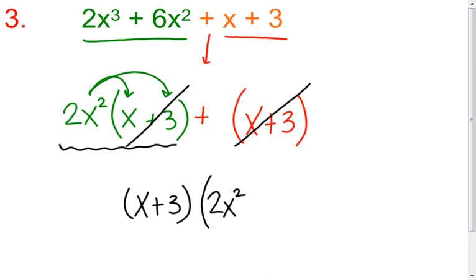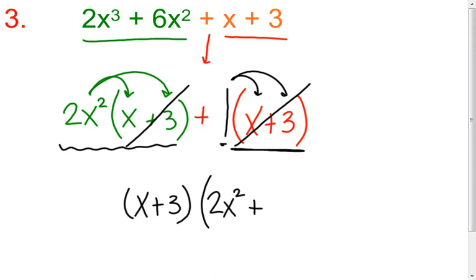But when I pull this away, people don't think they have anything left and they want to close the parentheses. However, here's the deal. It's not written, but there is a 1 assumed to be here. 1 times x gives me x. 1 times 3 gives me 3. There's this 1 that's assumed to be here.